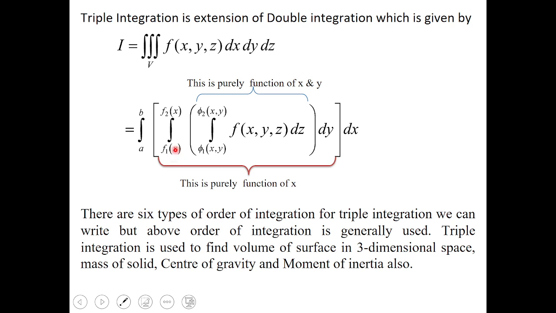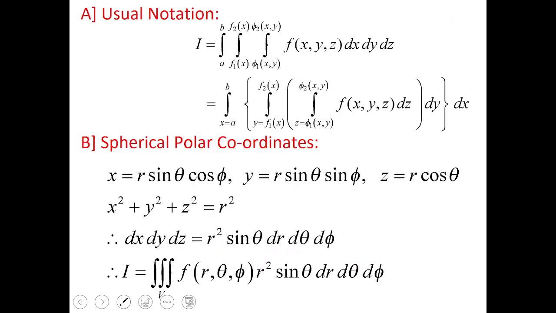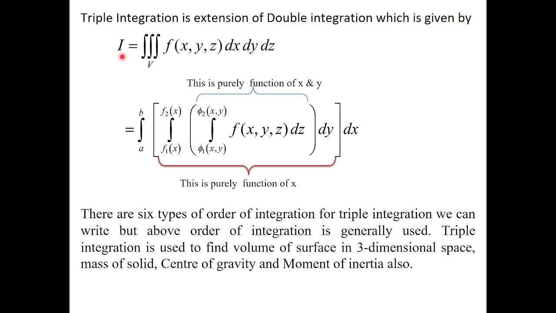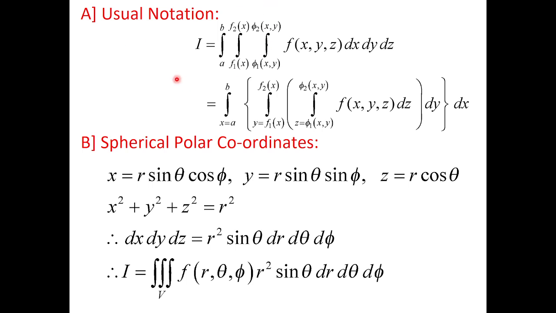Now if these are the limits of x, opposite to this we integrate with respect to y, and lastly, obviously, with respect to x. This will be the first type when limits are given. In the second case, the usual notations are of this form.